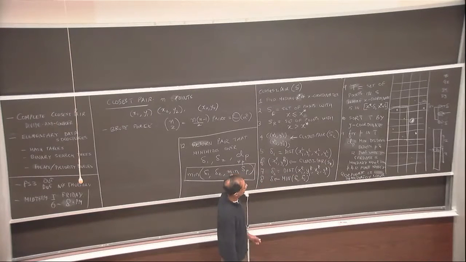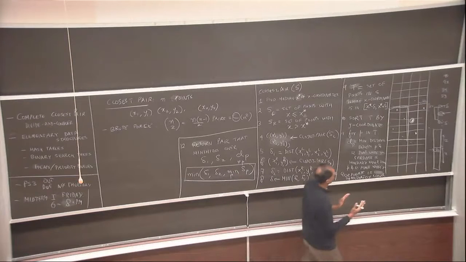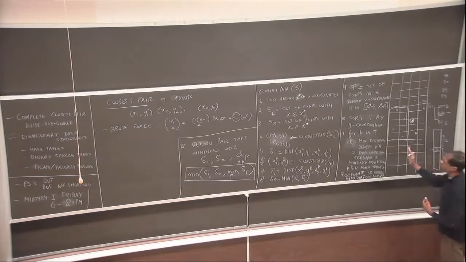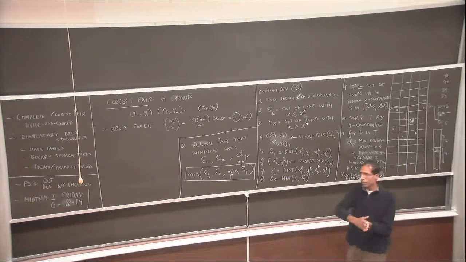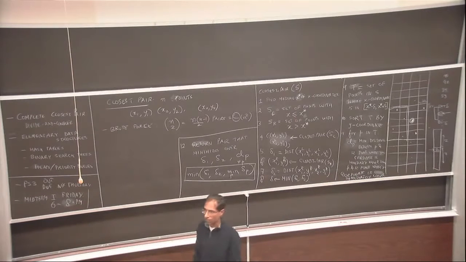Then we concentrated our attention on the portion around the median line that could possibly be corresponding to the closest pairs. And notice that in this picture I have tessellated into delta over 2 cross delta over 2 boxes, but the whole purpose of this tessellation was to tell you that for each point you only need to look at 20 other points or 10 other points on each side. That's all there is. So this tessellation is only for our analysis. We never actually go ahead and construct these subsets.